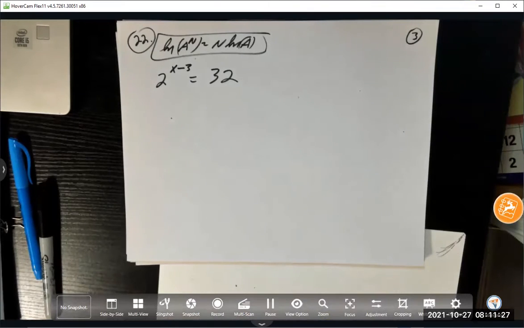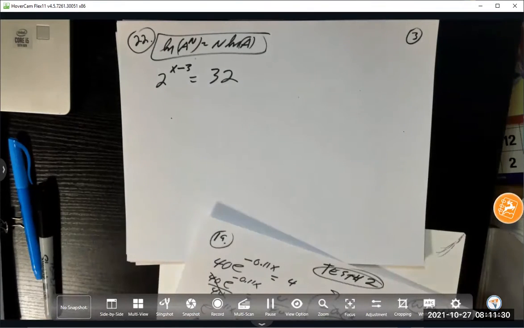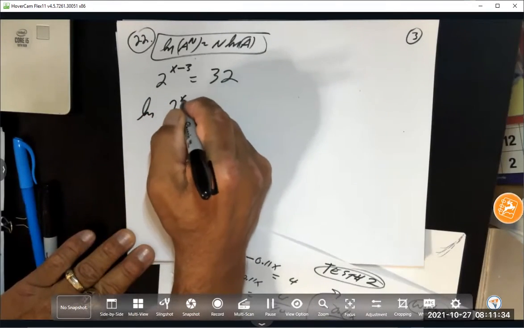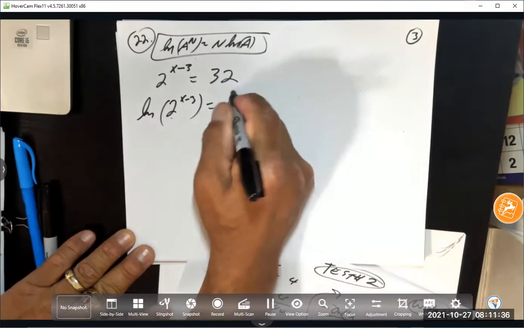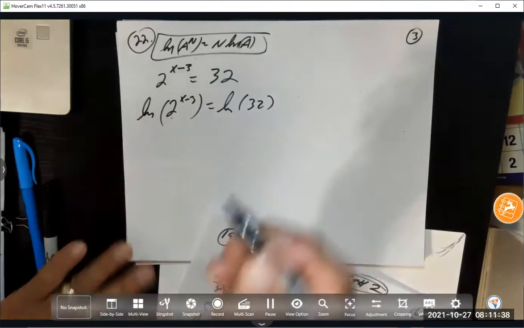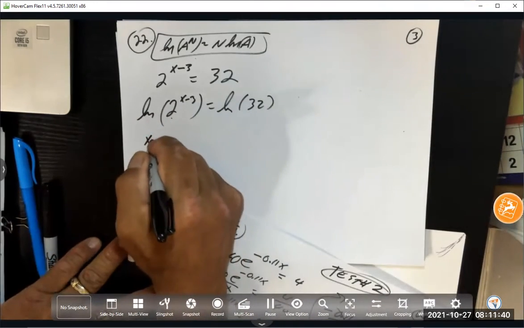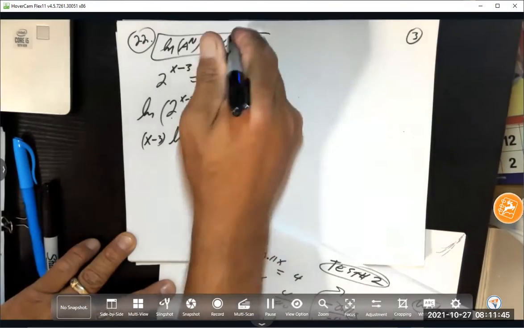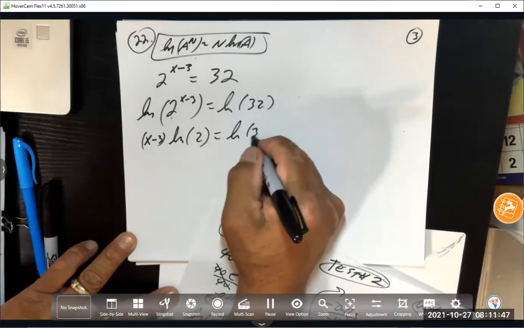Okay, so I'm taking the log of the left side, log of the right side. So this is what I'm going to do. I'm going to take the log of this side and the log of this number. Okay, so x minus 3 is in front because I just put that formula up there. And log of 32 is right here.